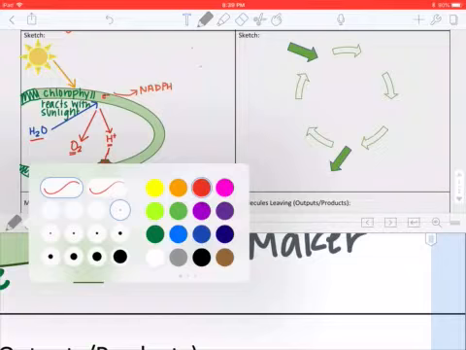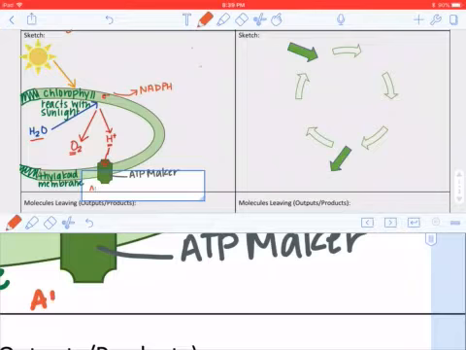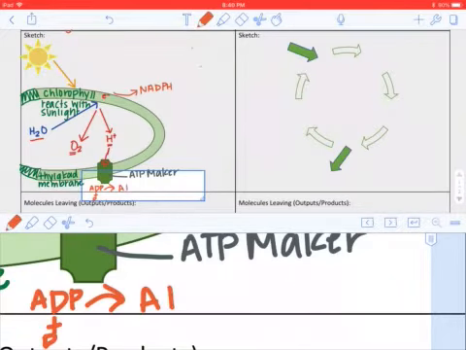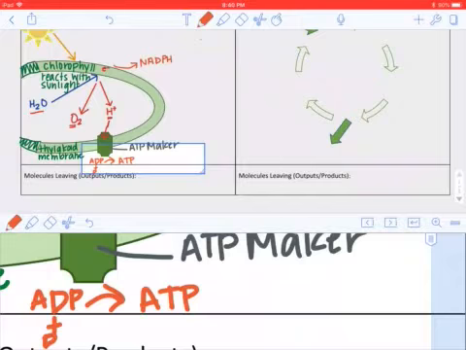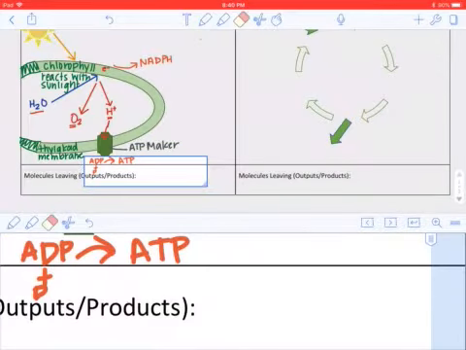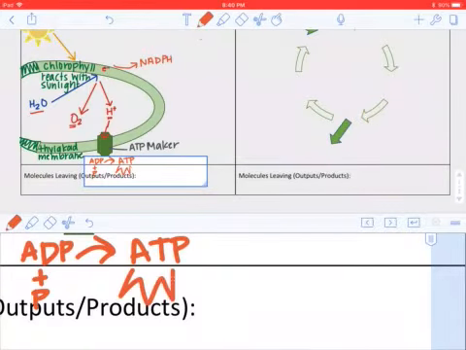As it spins, it's going to take ADP molecules plus phosphate and turn them into ATP molecules, which is great. This is an ADP plus a phosphate. Turn them into ATP. Awesome.